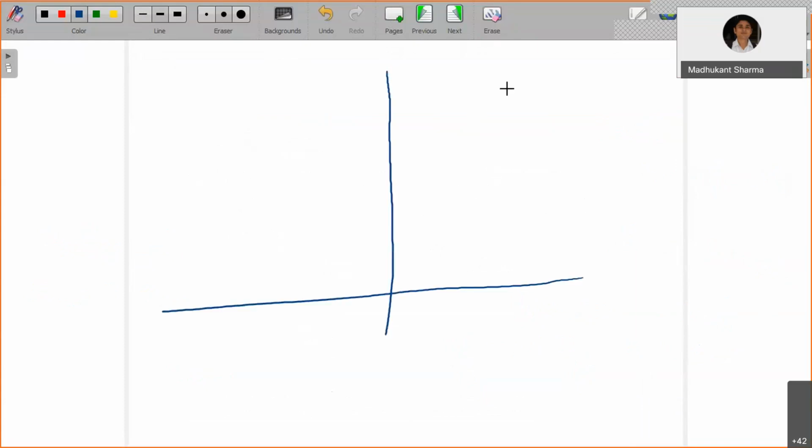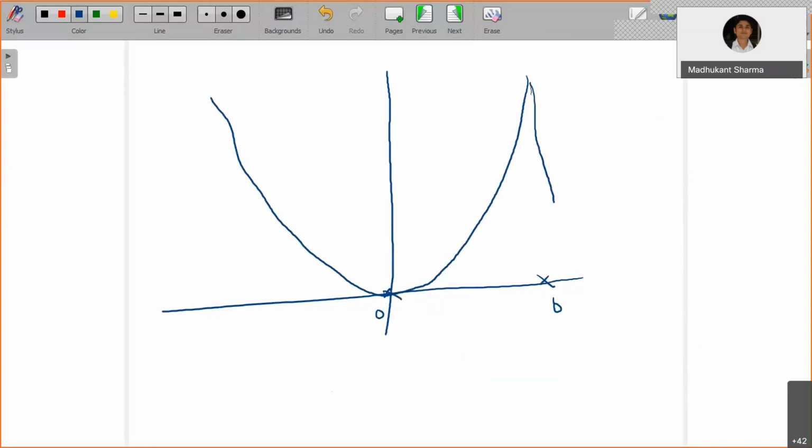You have y equals x square, a parabola, and you want to integrate from a equals 0 to some b. Let's say this is b here. My drawing is not so good. This is the y equals x square curve.